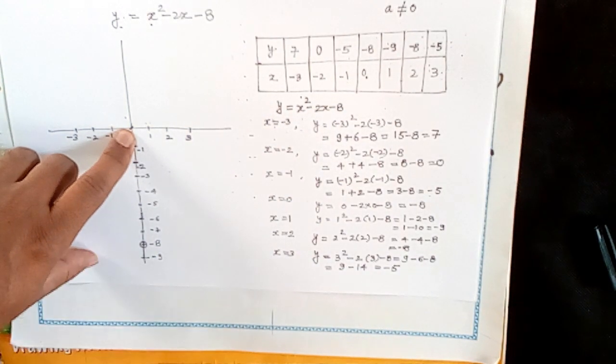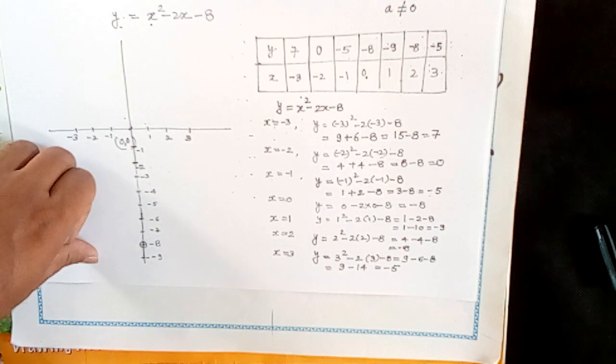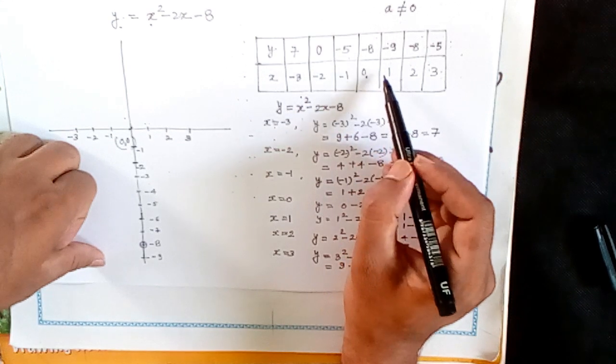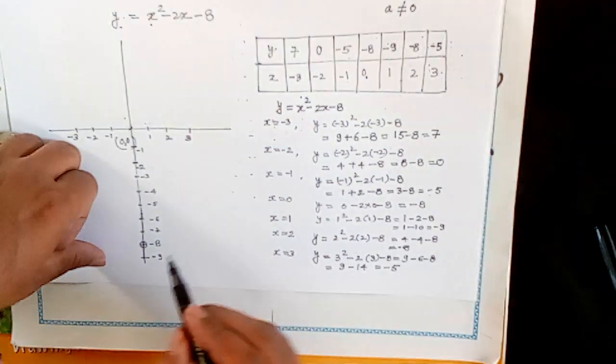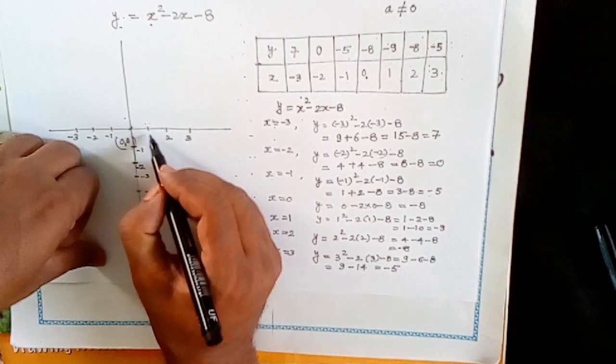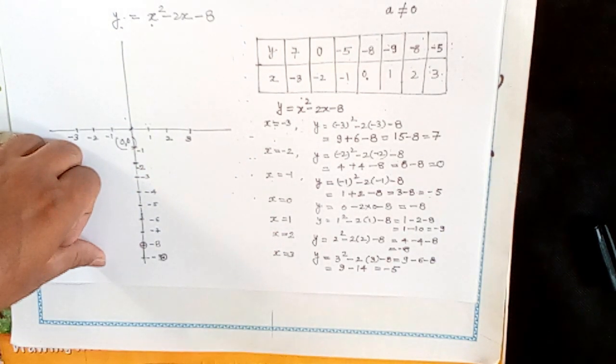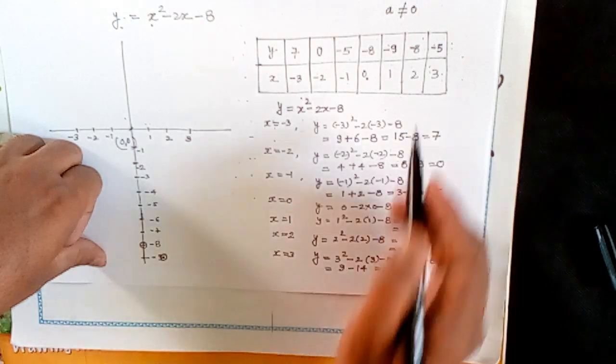Then at x equal to 1 we are getting -9. So we can have this here, nearly here we are getting a graph like this. Now if we go with 2, again we are having -8 here.